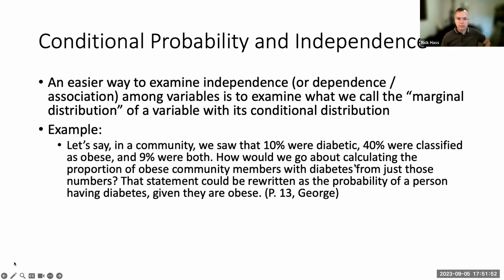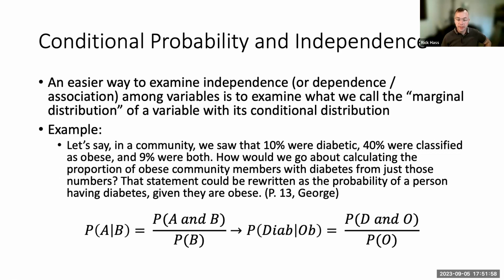So how do we go about computing the conditional probability of diabetes given that somebody's obese? In probability notation, it's kind of weird. Often we say conditional probability kind of backwards.